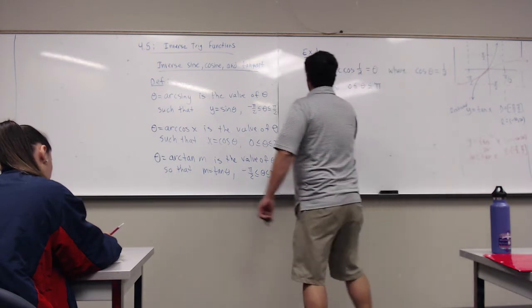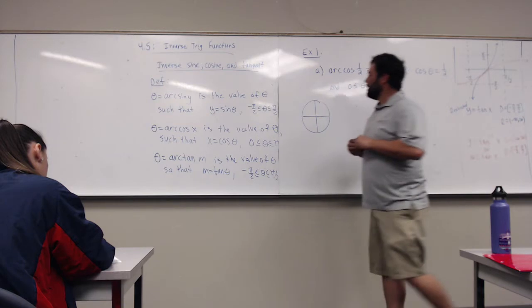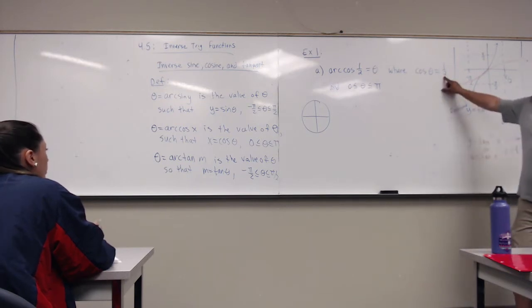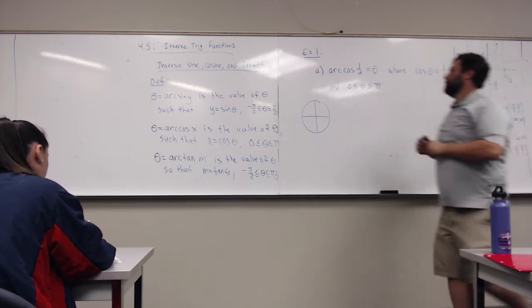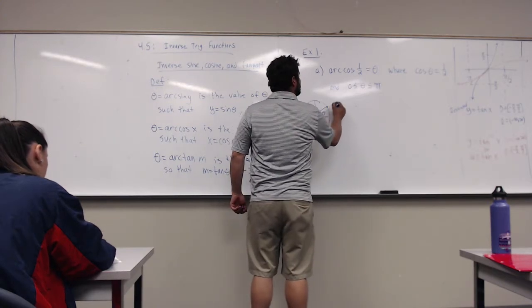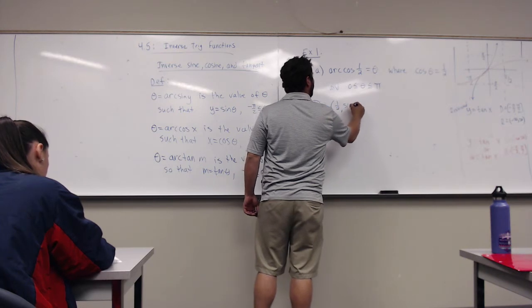So now, on the unit circle, which quadrants am I going to look for angles if we're supposed to be between 0 and pi? We're looking in quadrants 1 and 2. Which quadrant has positive cosine values? Just the first quadrant. So we're looking for an angle theta such that the x-coordinate is a half, and I don't really care what the y-coordinate is.